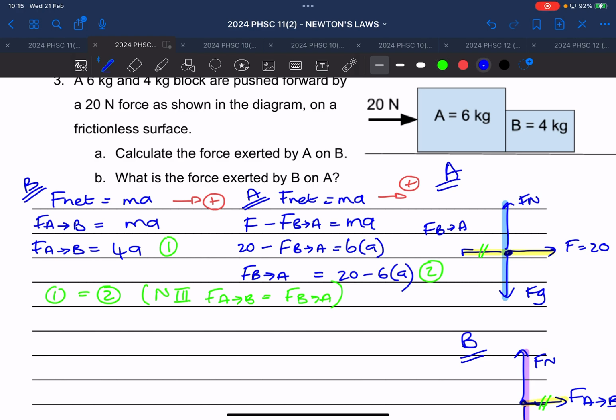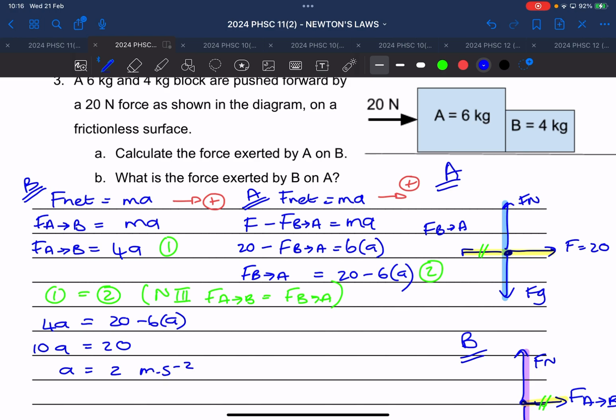Right, so we have 4a is equal to 20 minus 6a. So we have 10a is equal to 20, and thus the acceleration is 2 meters per second squared. But that was not the question. The question wasn't what is the acceleration.